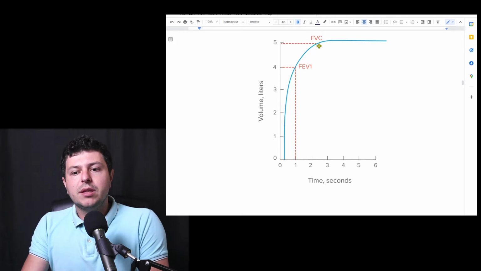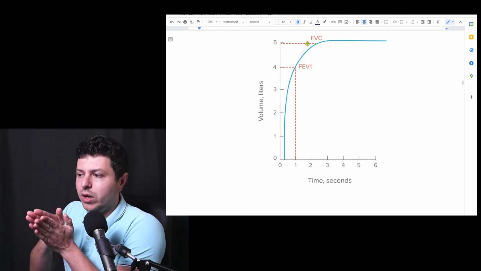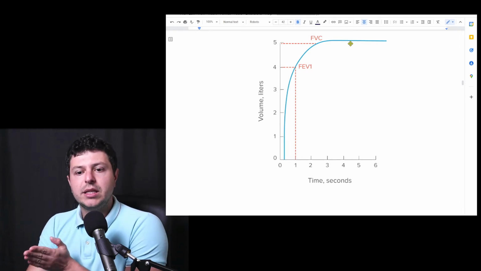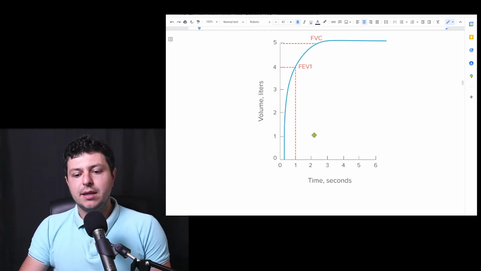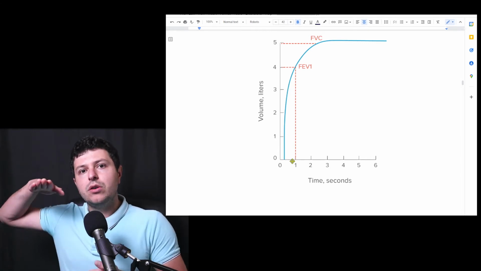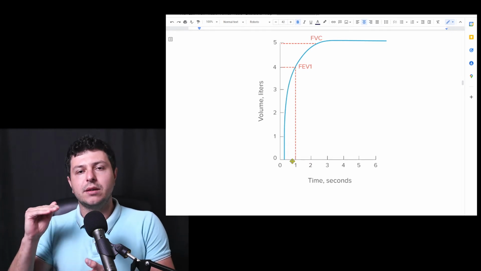When you reach the point of plateau, when no more flow is detected, when nothing else is coming out, that's when you reach the forced vital capacity. That basically means the full volume of air that you can move. That's what the forced vital capacity is.